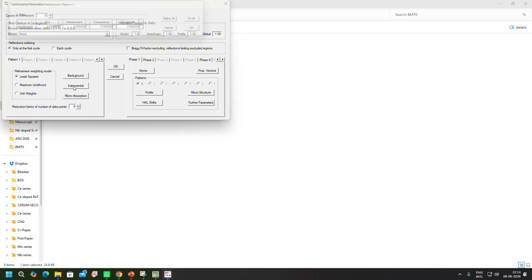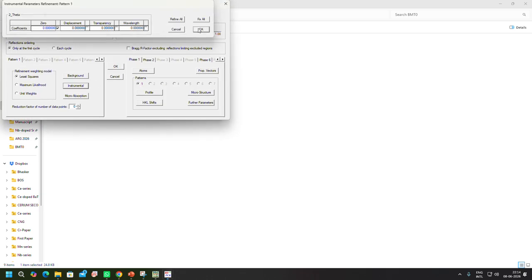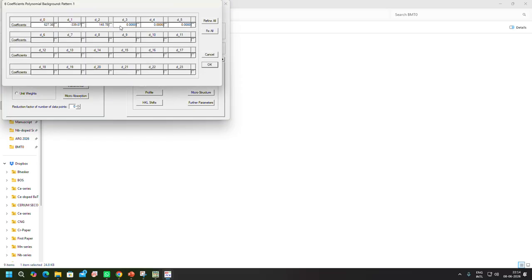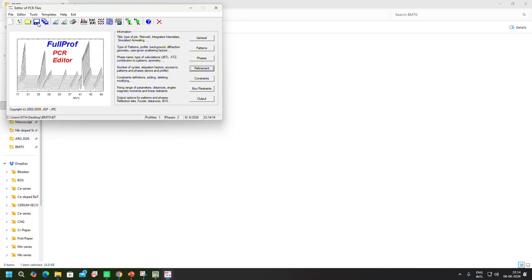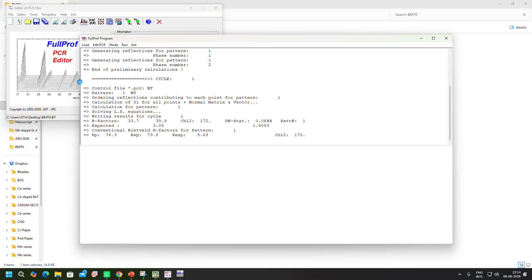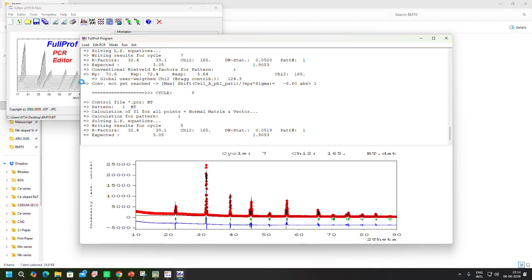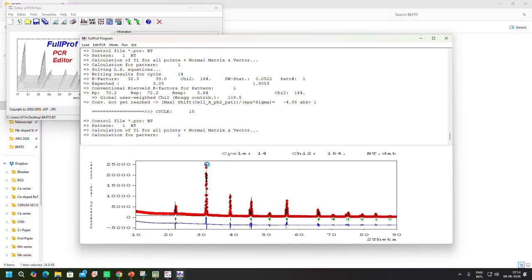Now you just refine the instrumental parameter like 0 and background parameter for the next value, and slowly you see the differences how this data is fitted. So here you see the red one is the experimental data and the black one is the generated data, and this blue line is the difference between the red and the black one.